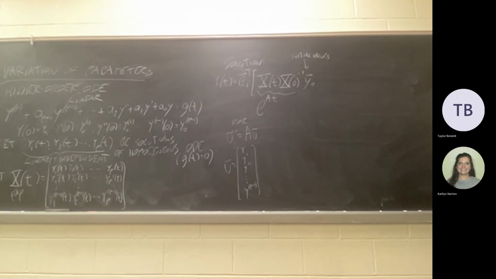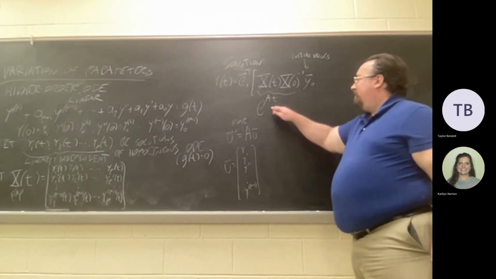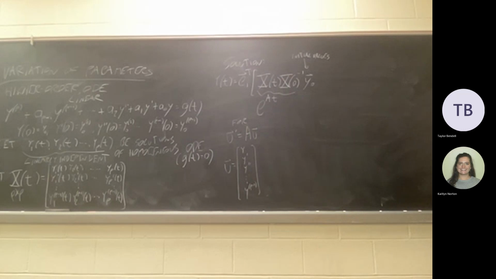So if we wrote the system this way, this would give us a solution, and the first component of that solution is just going to be the y of t that we're after.